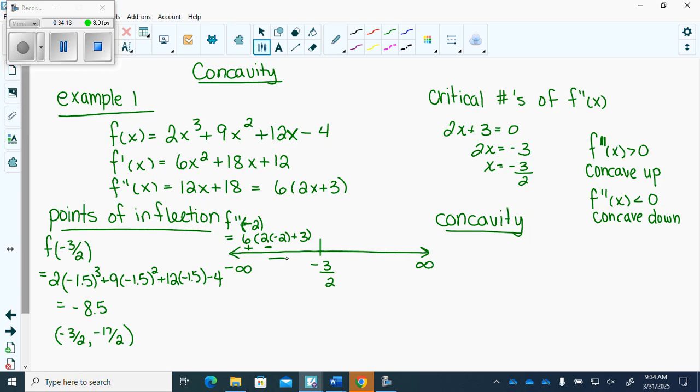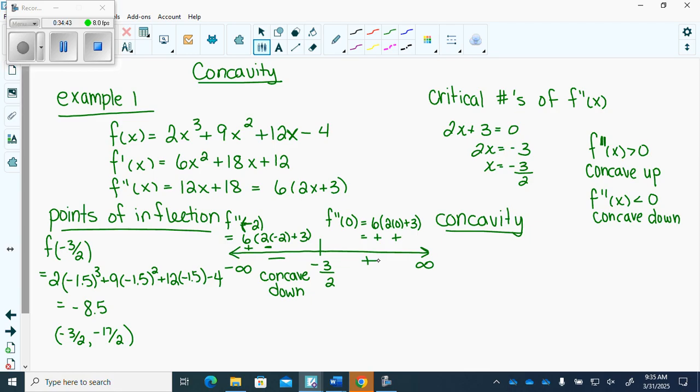No. Second derivative, guys. Concave down. Increasing, decreasing doesn't happen on second derivative. That is first derivative. And that means we need to pick something bigger than negative 1.5, so I'm picking 0. If I get a choice of 0, I will choose it every day, all day long. So this is going to be positive, and then positive. So this is positive here.